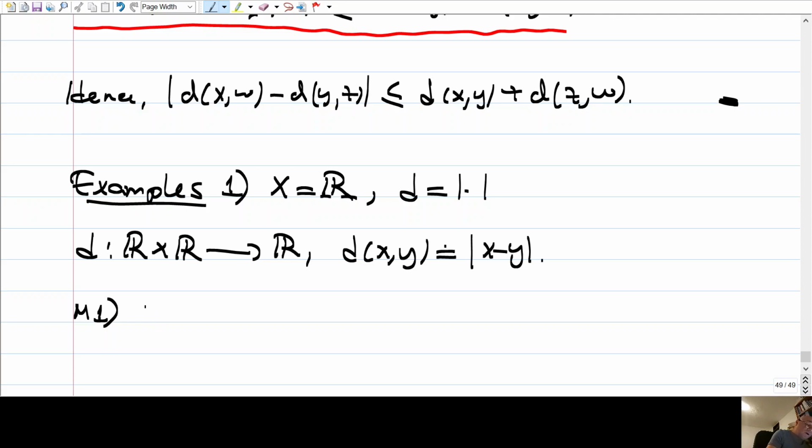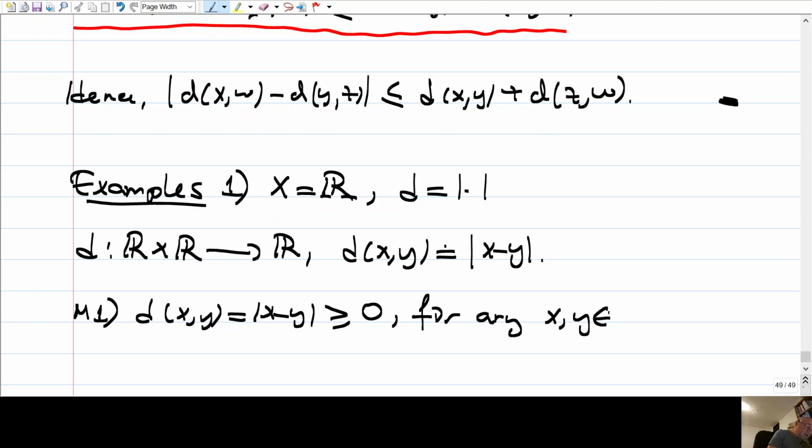M1 was what? dxy, x minus y, should always be non-negative. Well, it is the absolute value of a real number, and we know that this is never negative for any x, y.